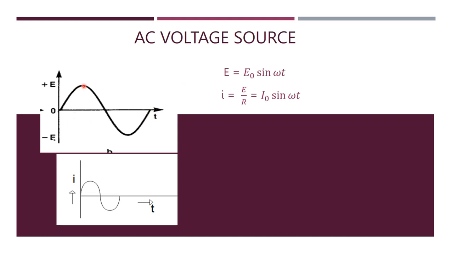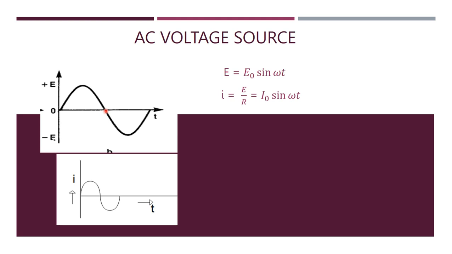Here E0 is the peak value at time t equal to pi by 2 omega, and the value is zero at time pi by omega.